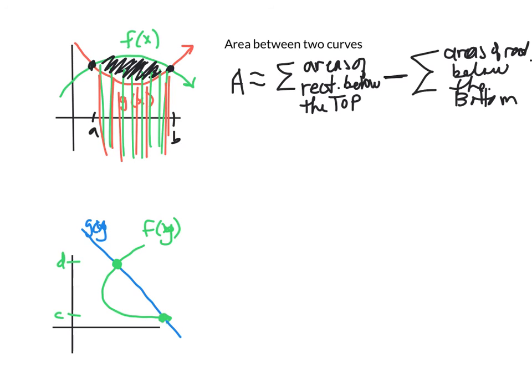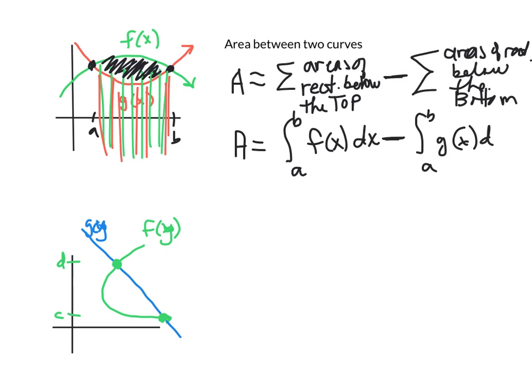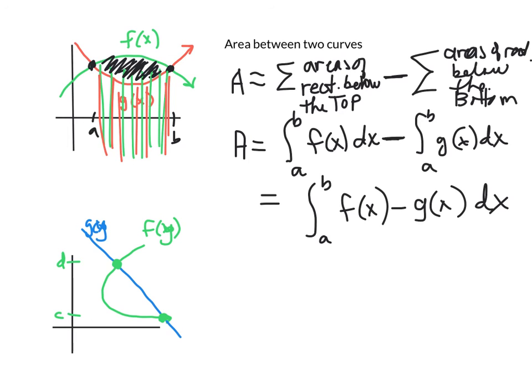So once again, you're still going to have all of the limit notation that we had before, but eventually you will end up with the exact area, which is going to be the integral from a to b of f of x, everything below the top, minus that same area of the bottom function, which written together would be, using the property of integrals, the integral from a to b of one dx. So this is top minus bottom.